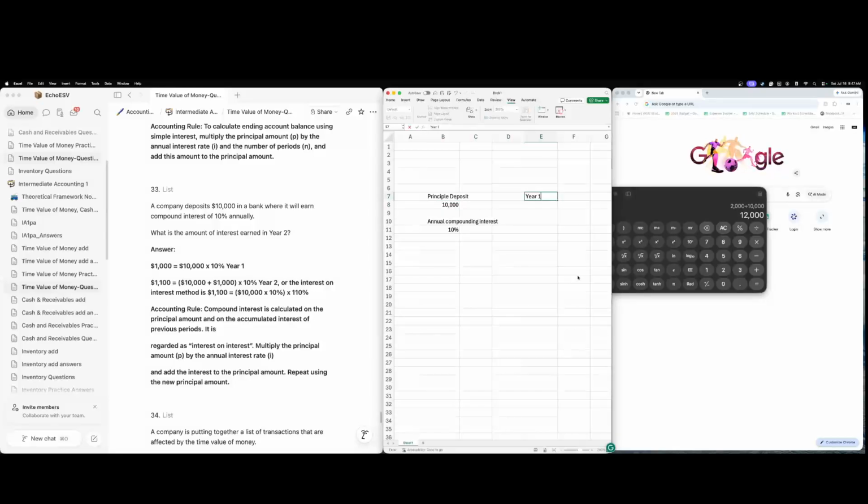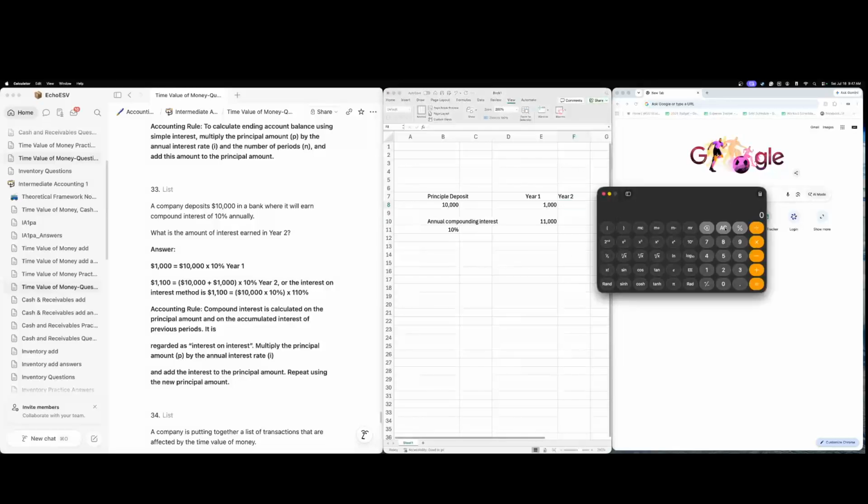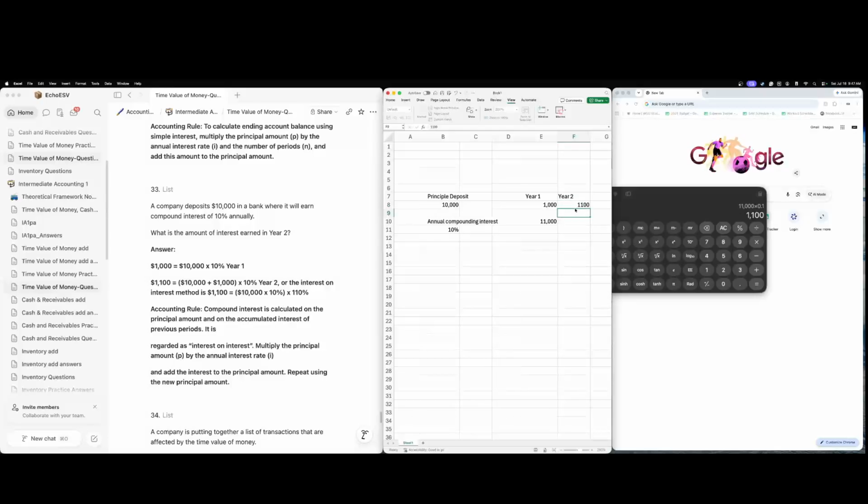Year 1, the interest is 1,000, and now the principal is 11,000. In year 2, it's 11,000 times 10%. In the second year, because of compounding interest, the interest is 1,100.